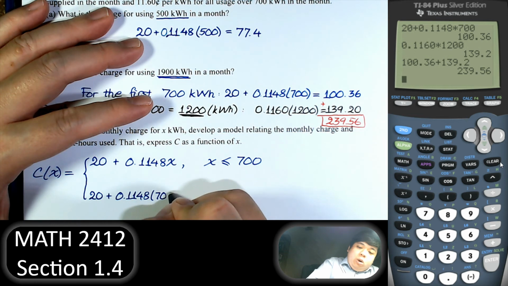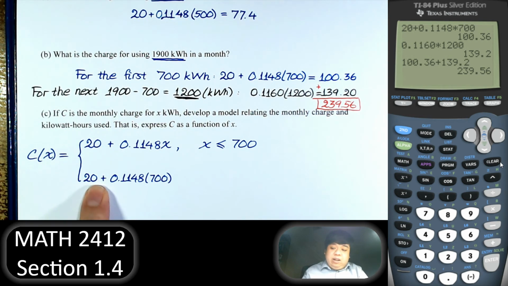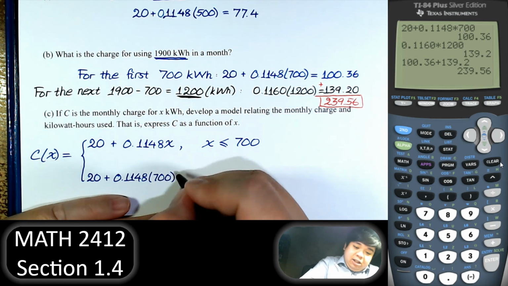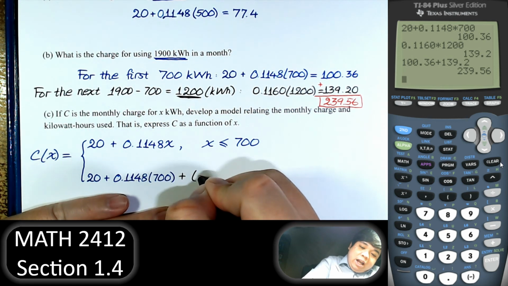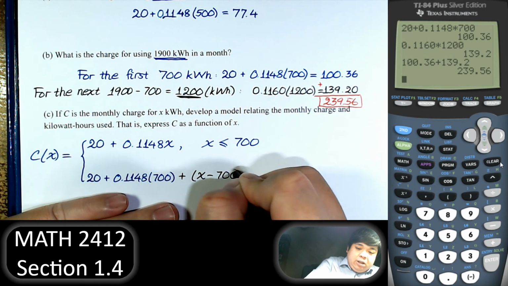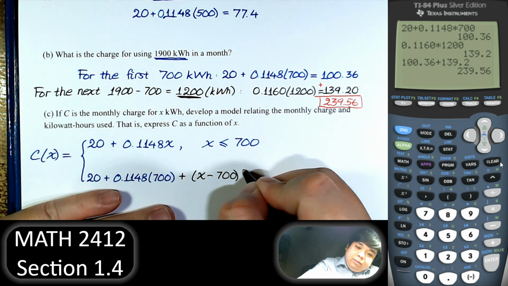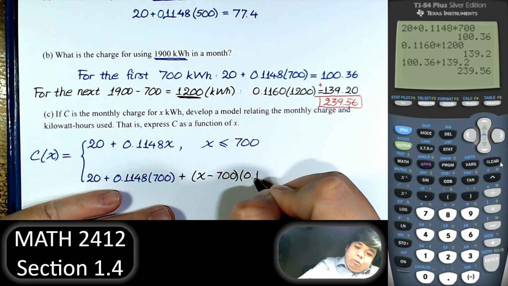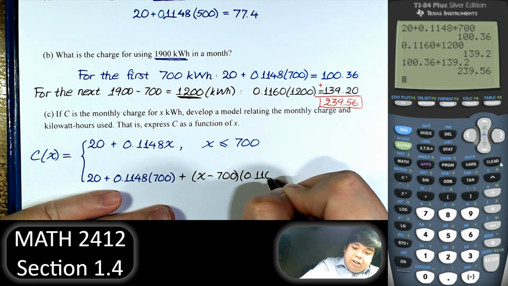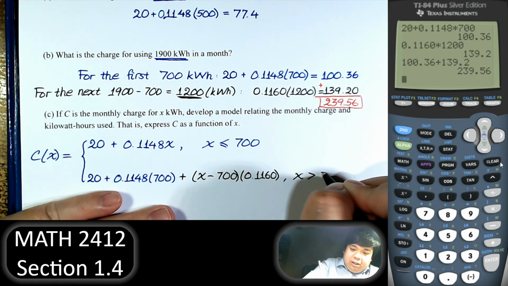So if it is more than 700, the first 700 we have to pay at that rate and the flat fee. After that, what's left? What is over 700? We will multiply by the rate of 11.60 cents if it is greater than 700.